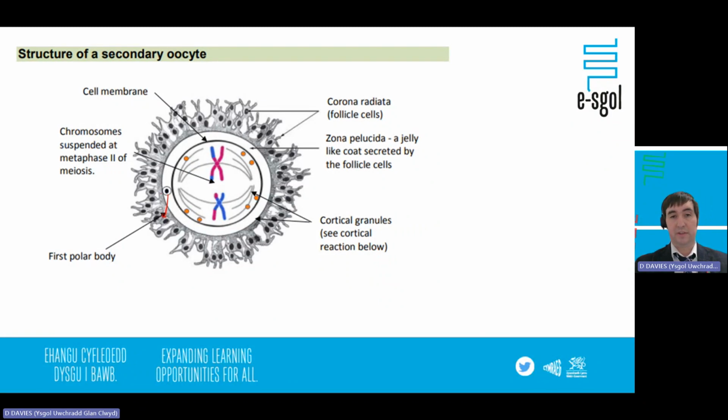On the outside of that you have the corona radiata, the remnants of the Graafian follicle. The Graafian follicle ovulates this secondary oocyte, with some remnants of the follicle cells around it.